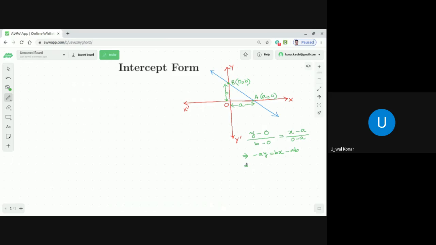So from here we get bx plus ay equals ab.